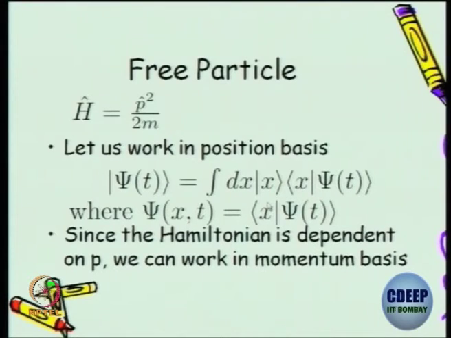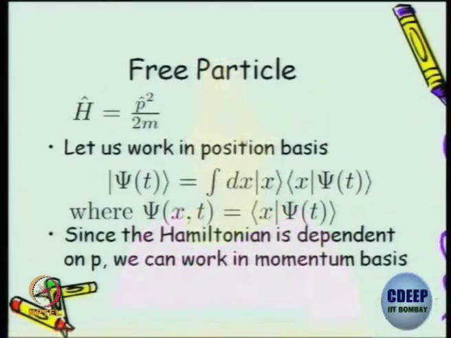So, convenience depends on the situation. Which basis you choose and how to go from one basis to another, all these things we did for a finite 2-dimensional linear vector space. We can do it even for the infinite dimensional, countable or uncountable, where you can define how to go from one to the other, or you can directly take an identity operator in the momentum basis, because the Hamiltonian states will be eigenstates of the momentum basis.